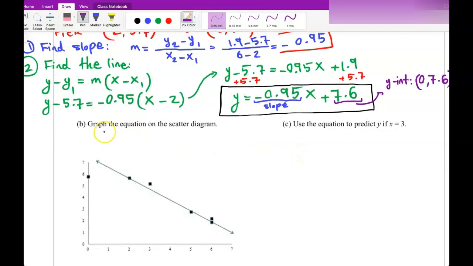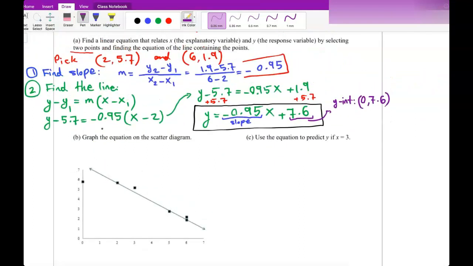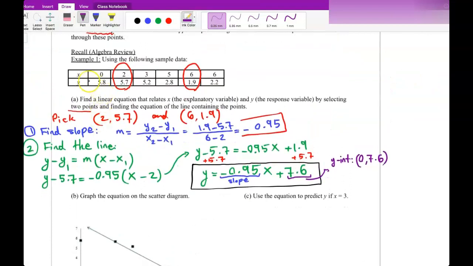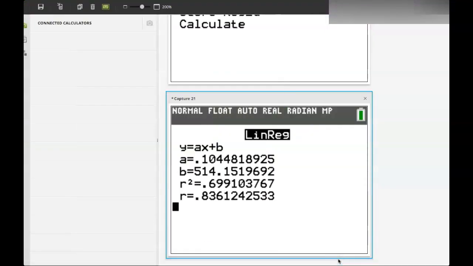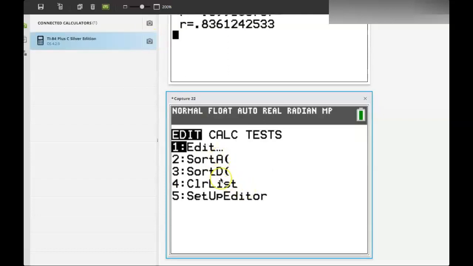Now part B, graph the equation on the scatter diagram. Using the calculator, we should enter all these x and y values. Press that, choose edit, enter.